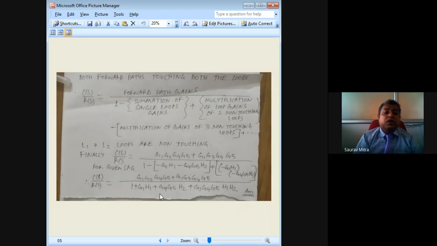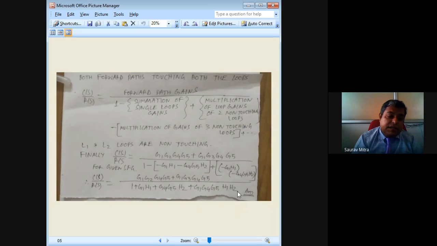So overall transfer function C(s) by R(s) is G1 G2 G4 G5 plus G1 G3 G4 G5 divided by 1 plus G1 H1 plus G4 G5 H2 plus G1 G4 G5 H1 H2.